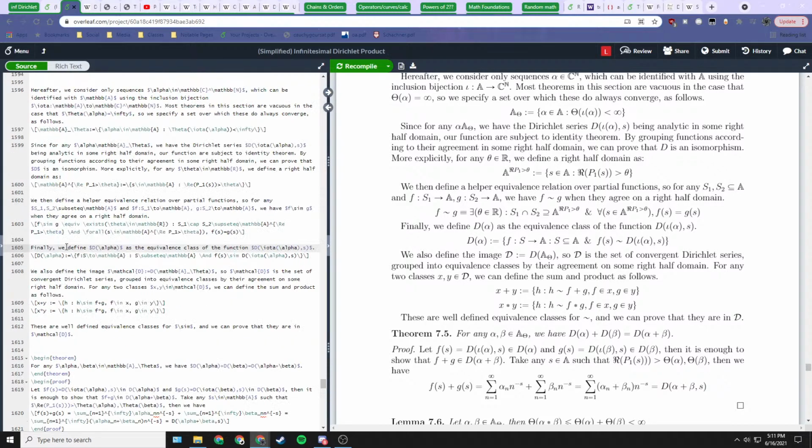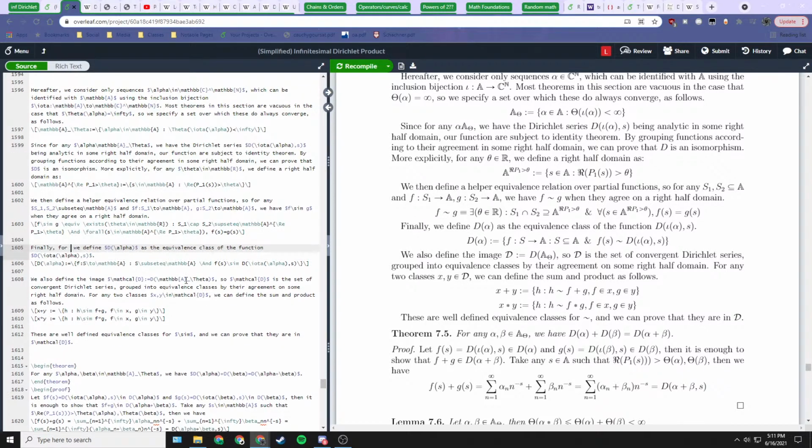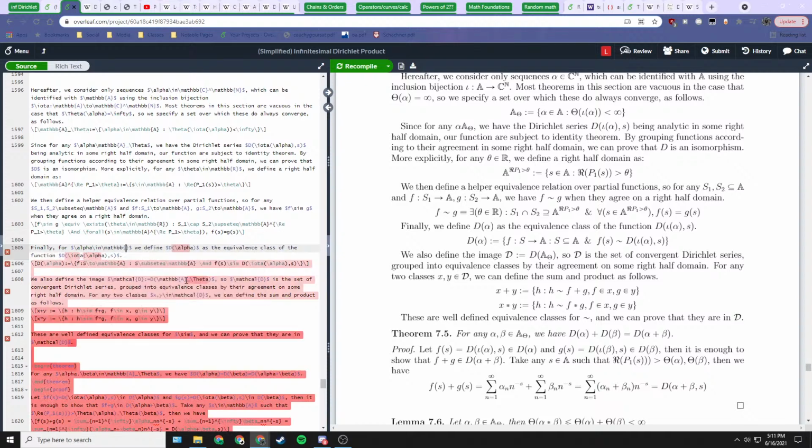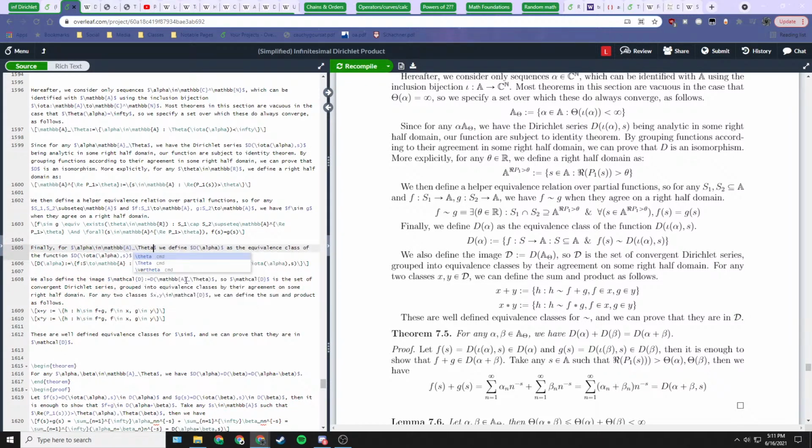let's specify that. So finally, for alpha in A theta, we define d of alpha as the equivalence class of the function d of the inclusion of alpha, so iota alpha, which is alpha when considered as a complex sequence using the variable s.